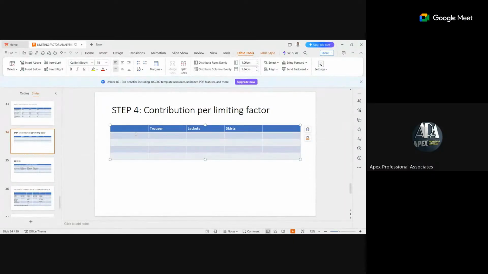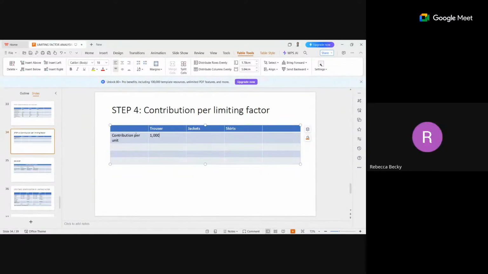Now the contribution per unit for trouser is 1,000, right? And for jacket, 850, and for skirt, 900. Now, to get the contribution per limiting factor, what will you do?